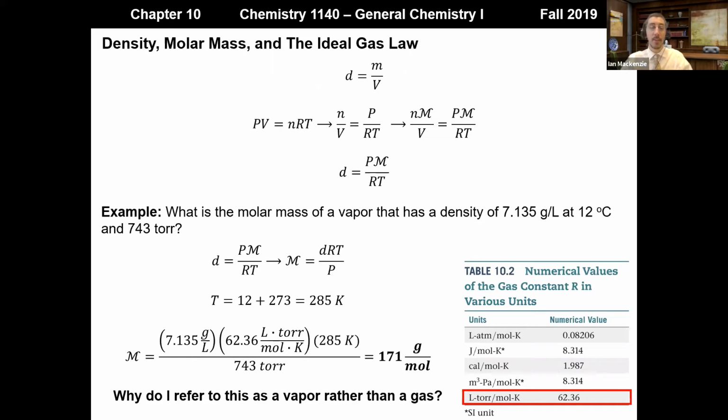This gas here has a molar mass of 171. That's greater than 100. So most likely this material is normally a liquid or a solid at normal room temperature and pressure. And this might be just the little bit of vapor that collects above that liquid.